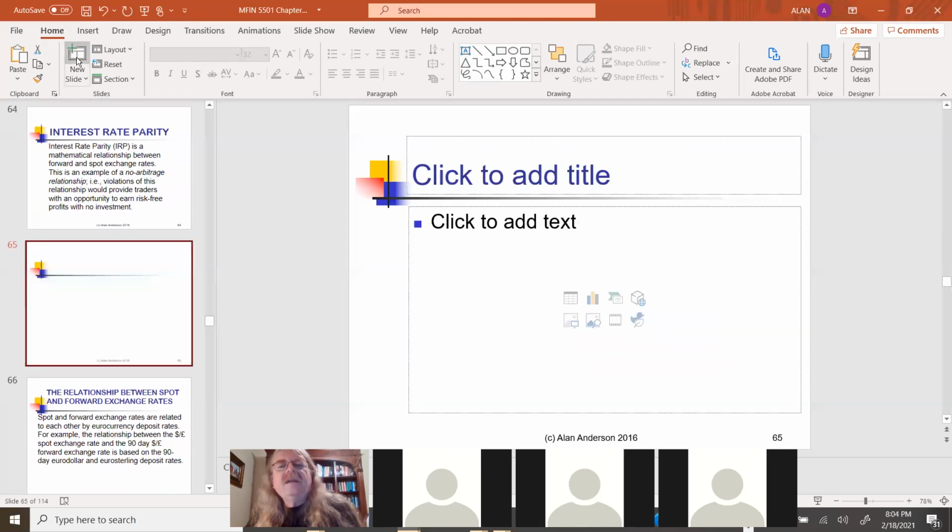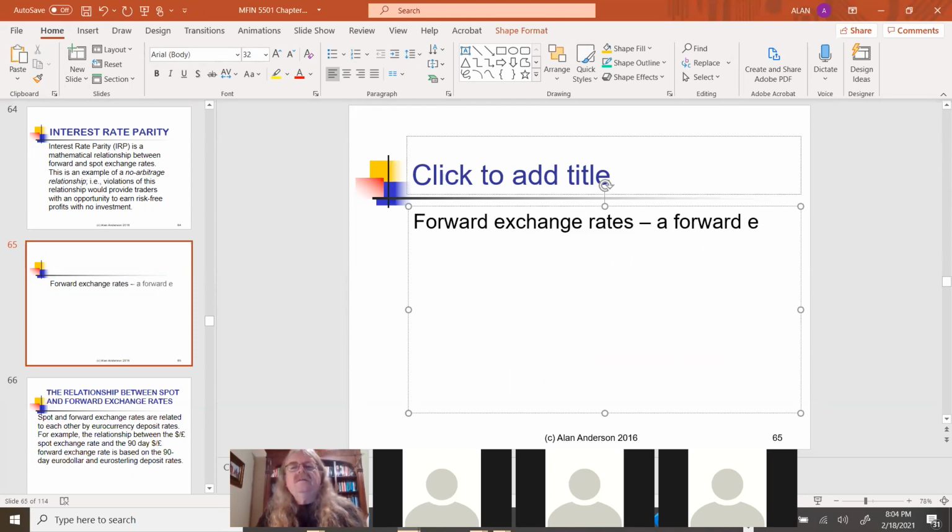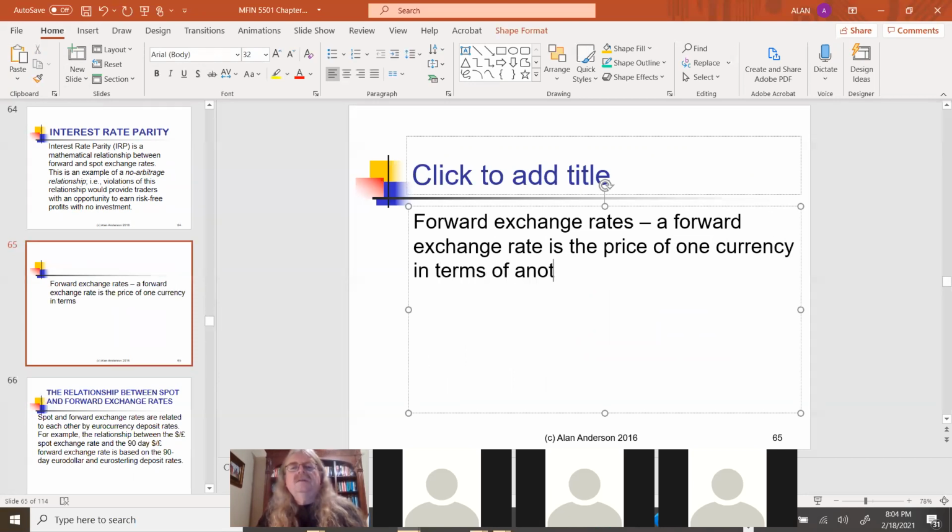into an area that you may not be familiar with, and that is what we call forward exchange rates. A forward exchange rate is the price of one currency in terms of another when the currency will not be delivered until the future.